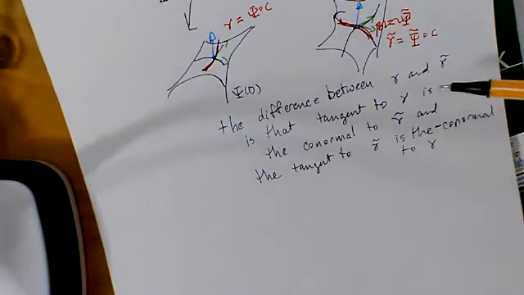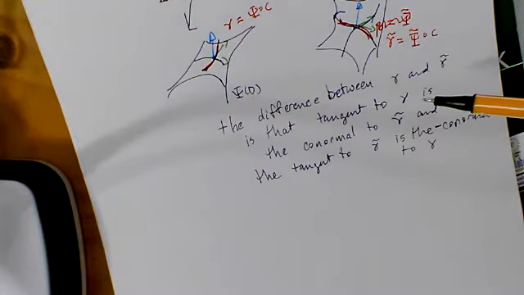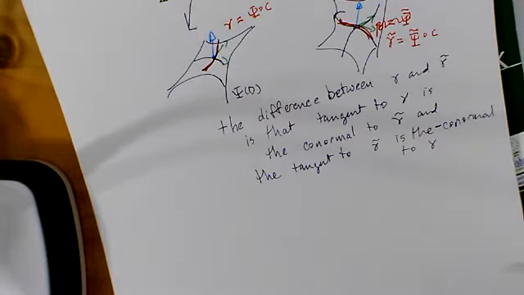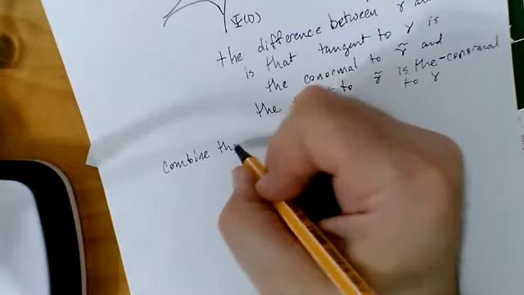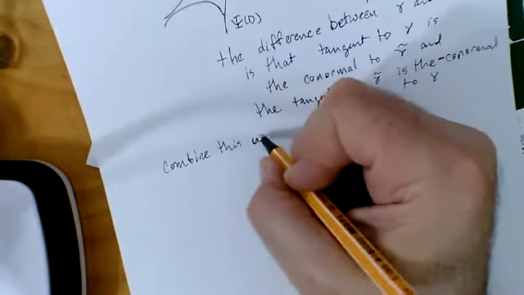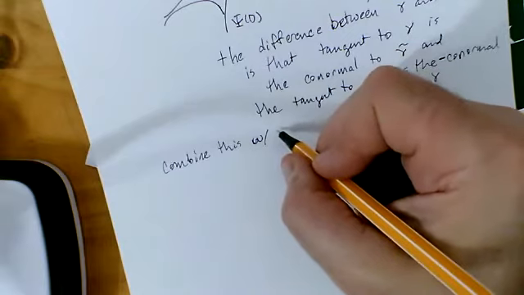The fact that I'm swapping the tangents and the conormals to the two curves is a consequence of the fact that taking the harmonic conjugate is a 90-degree rotation, a rotation by pi over 2 in the tangent plane. Okay, so what do we see? So I combine this with my reflection principle.